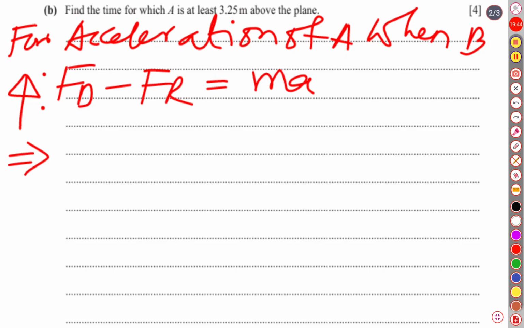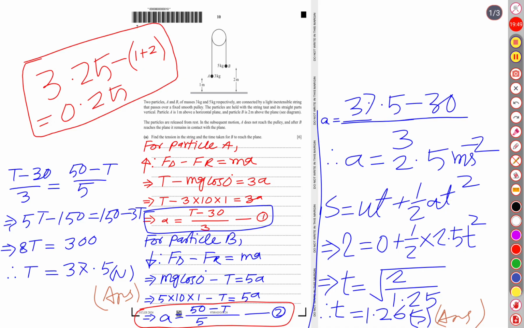Look at this, when B reaches the ground, B came here, then there is no more tension acting in the string. So A itself moved up. So there is no driving force for A when A was moving up after B reaches the ground.